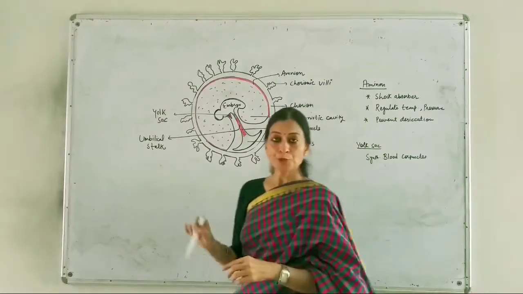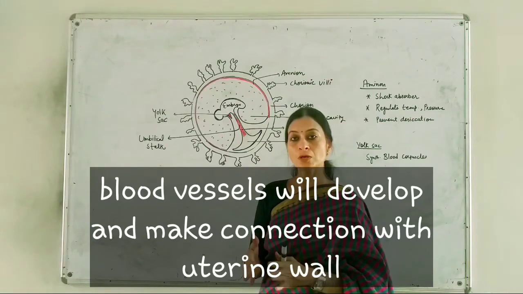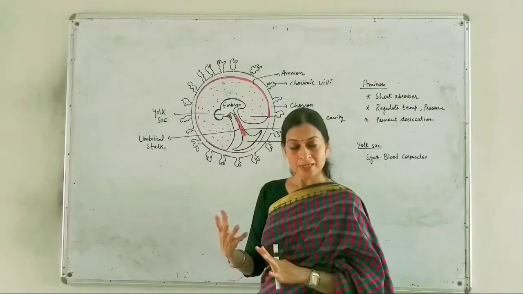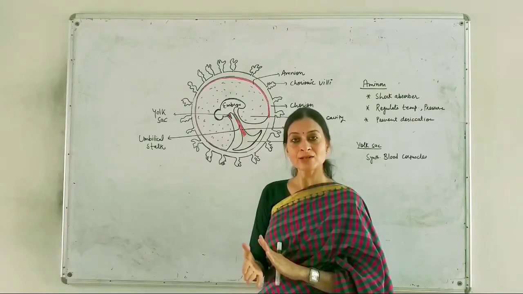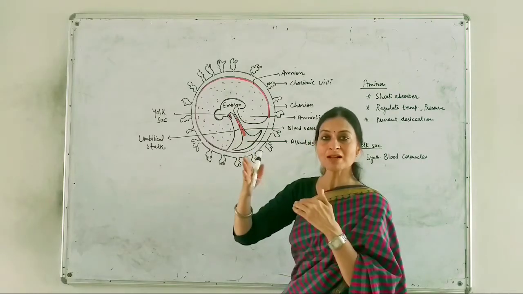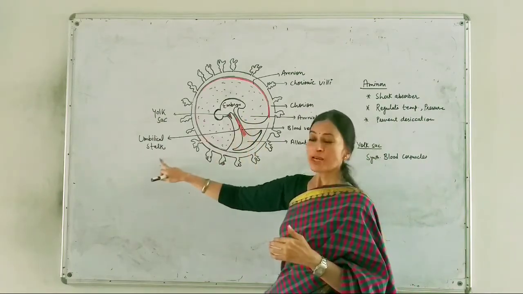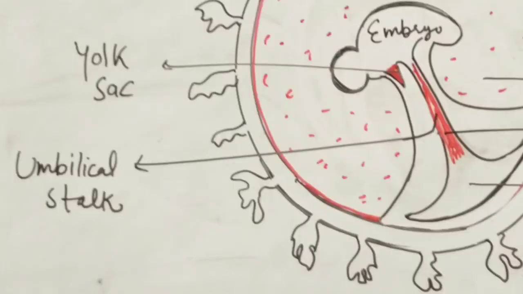This is the allantois from which the blood vessels of the embryo will arise, and they will make a connection with that of endometrium through these blood vessels. And this stalk-like structure through which the blood vessels are running is known as umbilical stalk.